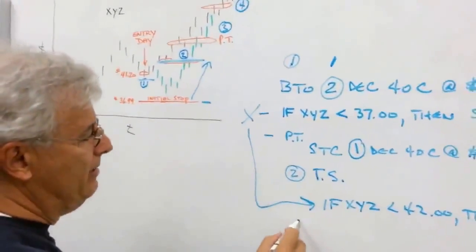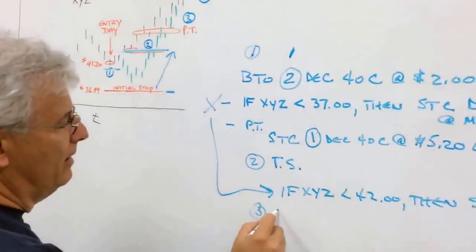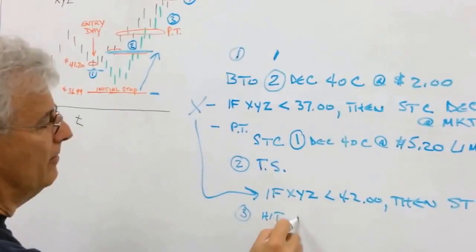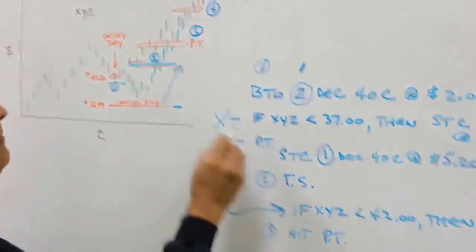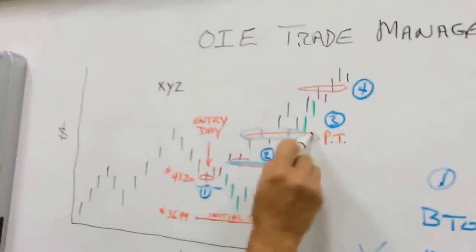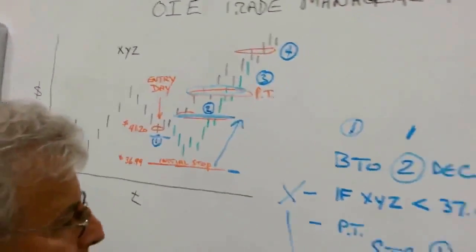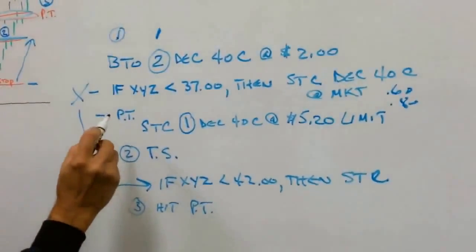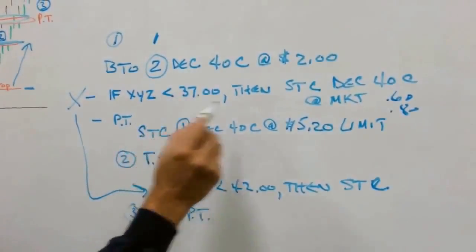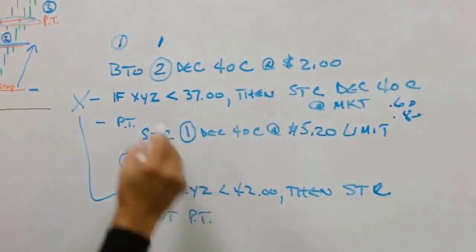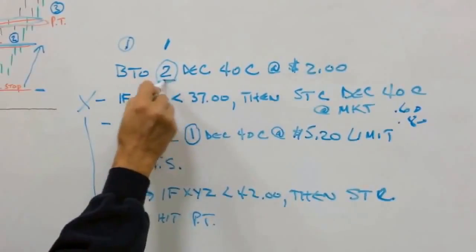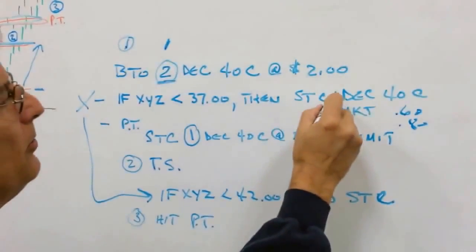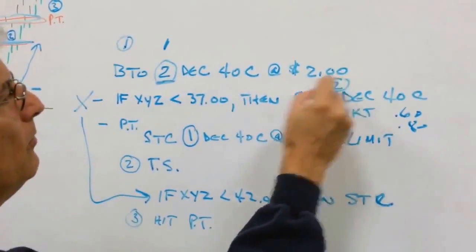At point 3, we hit the profit target right here. Now when that happens, you've got to go in and change your trailing stop, because remember, we're selling to close the entire position if it hits the initial stop. So if we bought 2 initially, we'd be selling to close the whole position.